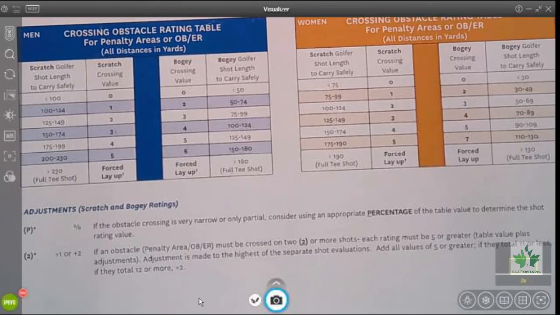So you would take the safe carry distance to get across the water and figure out what the table value for that safe carry was, and then possibly multiply it by 50%, because only 50% of the time do you have to make that carry. So in that case, you would get a percentage.